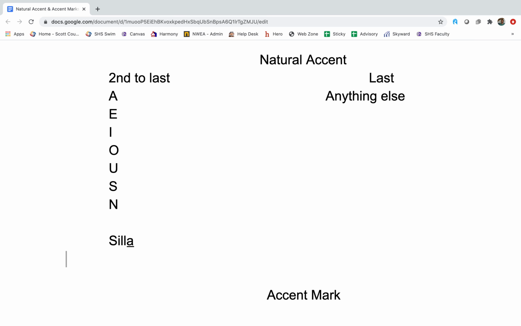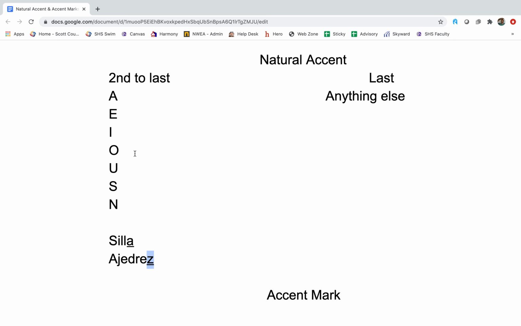Let's get rid of this underline. This word here. We look at the last letter and we ask ourselves, is it a vowel, S, or N?